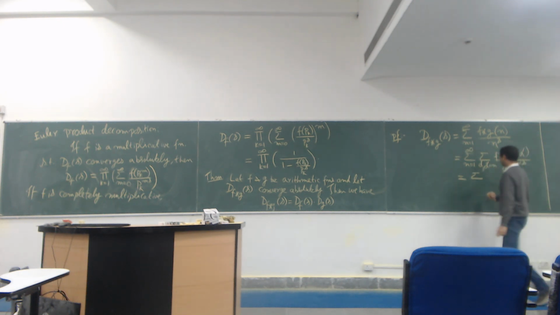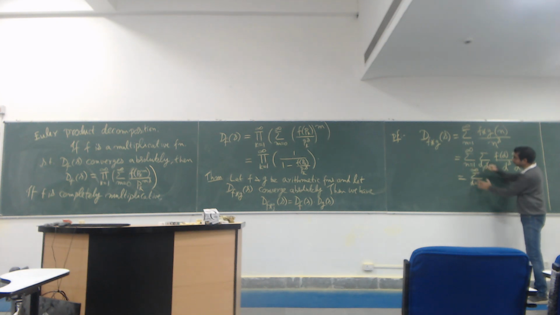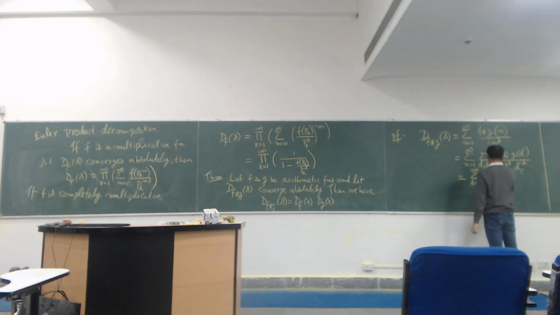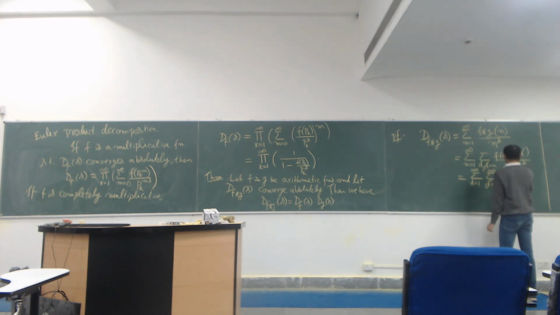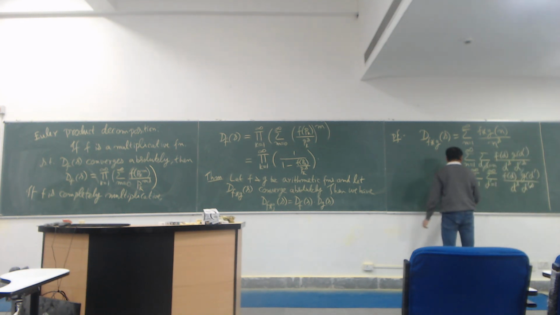So d running from 1 to infinity, and if you want to fix n to be a multiple of d, all you care is that you take some d prime and let it vary from 1 to infinity as well, and multiply it. And then now separate the things.